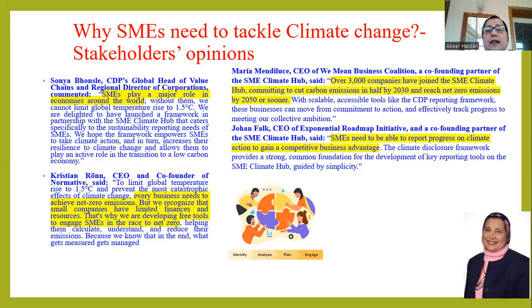Another one is Maria, CEO of We Mean Business Coalition. She mentioned that over 3,000 companies have joined the SME Climate Hub, committing to cut carbon, because nobody nowadays, specifically after COVID and after everybody realized how important our role is as normal people, as the public, to contribute to protecting our environment, just to avoid getting diseases like COVID.